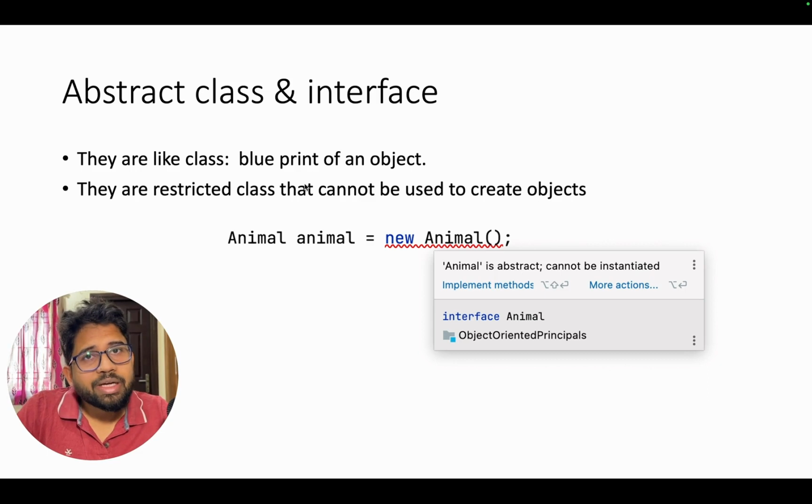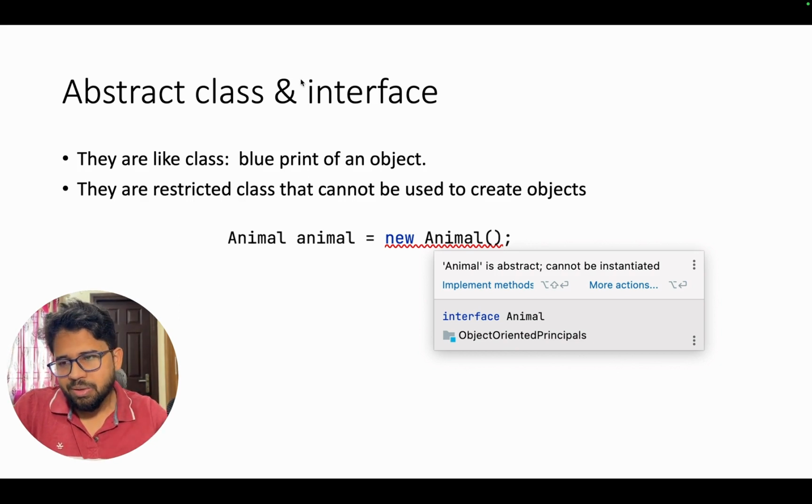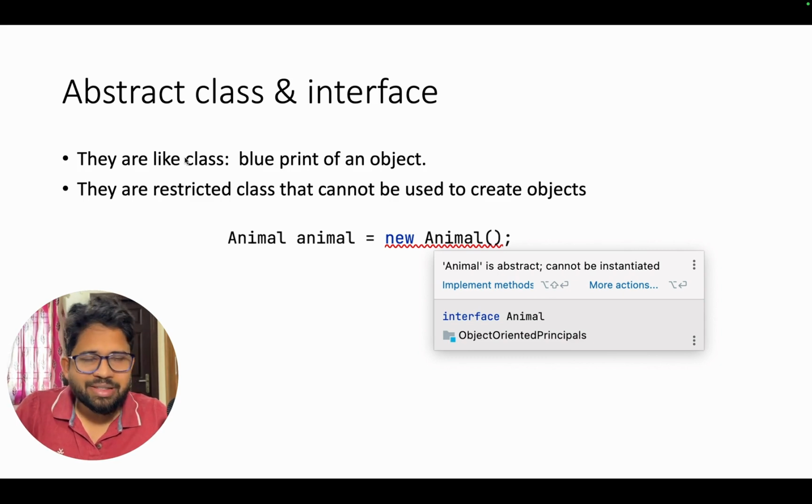There is just one of the cases where the abstract class would behave differently compared to the interfaces, but in all the other cases it will behave the same. So they are just like classes. They are the blueprint of objects. So the same state and the verb part, they are same for both abstract classes and interface.